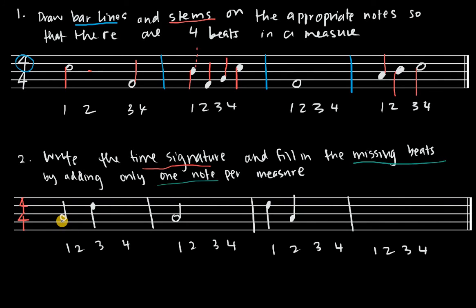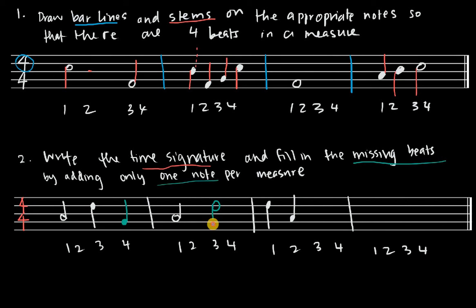So half note, 1, 2, 3, only one thing will fit here, which is a quarter note. Here we have 1, 2, and we can only add 1 more note. So we have to think of some note that has 2 beats, and that is another half note.